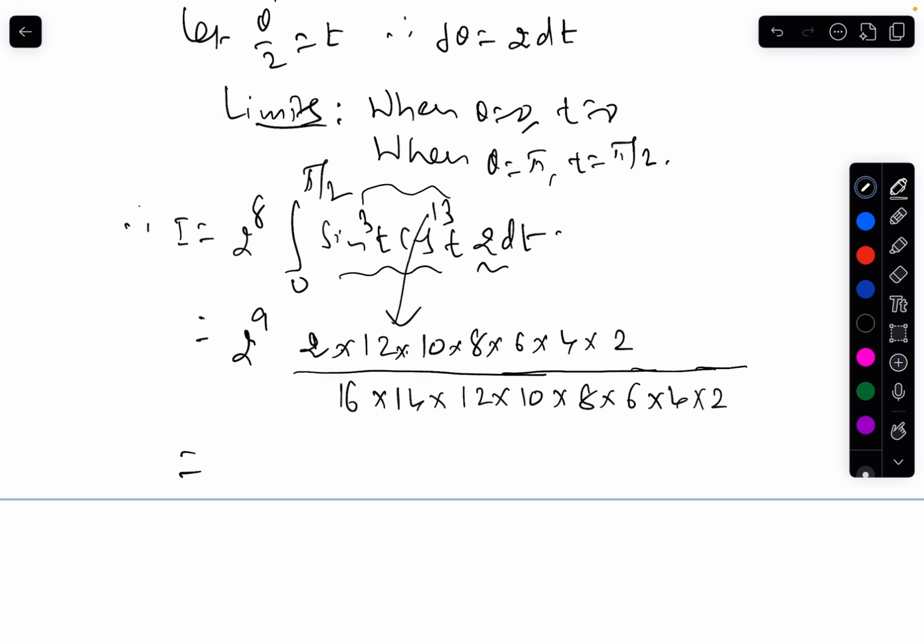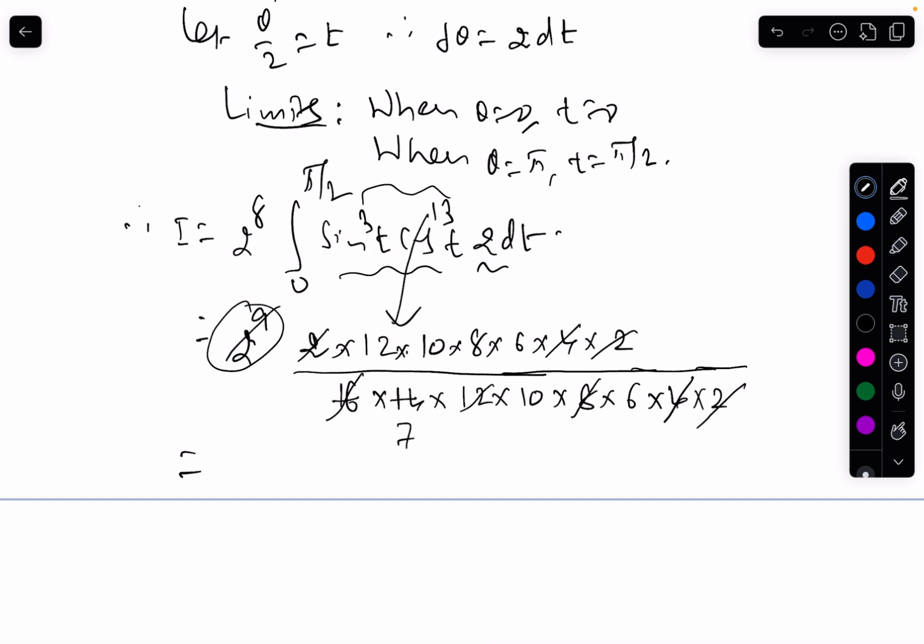It is easy to simplify because the total 2 power 9 is there. So here 2 power 4, then 2 power 3. So 2 power 7 and 2 power 2. So that 2 power 9 cancels. Then this 2 and 2 will be getting cancelled. Then this is 14, so that is 7 and 2.